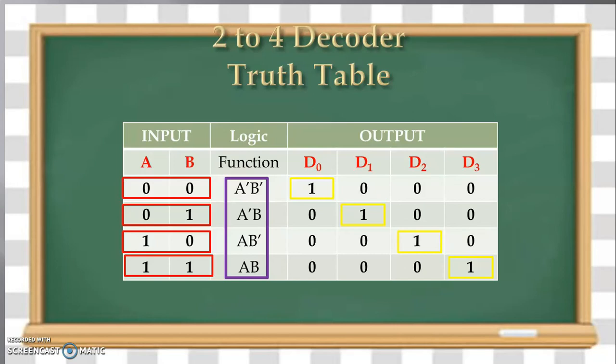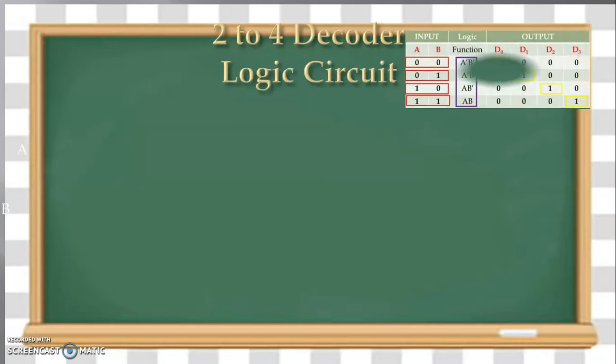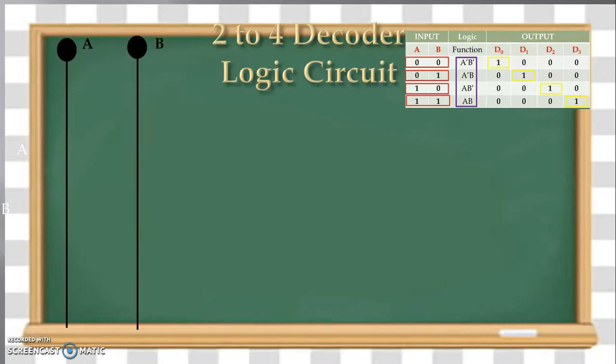Now let us implement the logic circuit based on the truth table. The truth table is reproduced for our ready reference. We have input A and input B. We require A bar as well as B bar, so we use the NOT gate to get A bar as well as B bar.